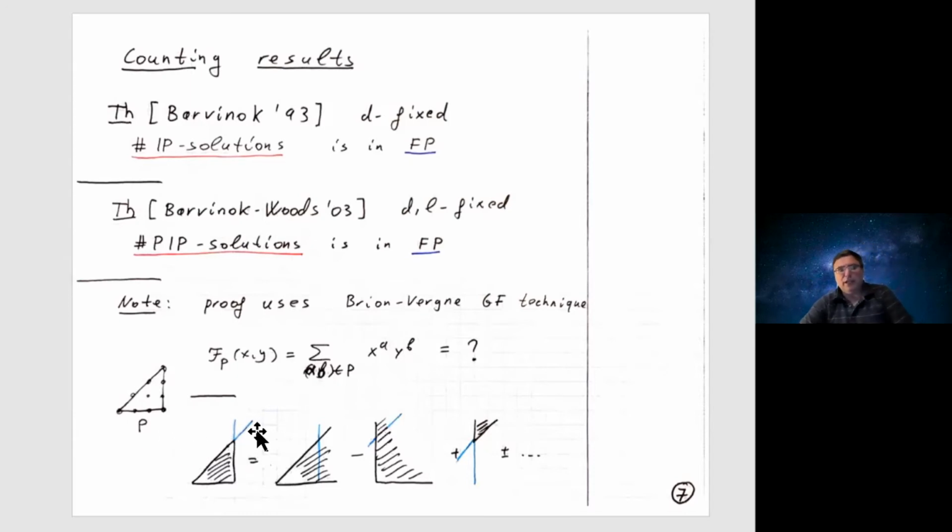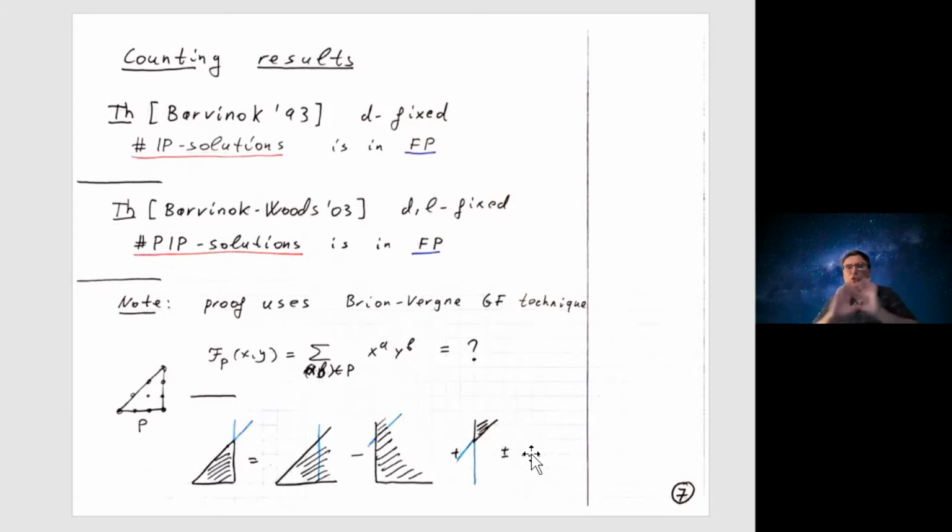You write your convex polytope as an alternating sum of cones. The cones will have to be simple, but in the plane, everything is easy to make simple. You take a big cone like that, subtract another big cone like that, and what you have left is a smaller cone. There are problems with low dimension, so you have to add and subtract something of low dimension.